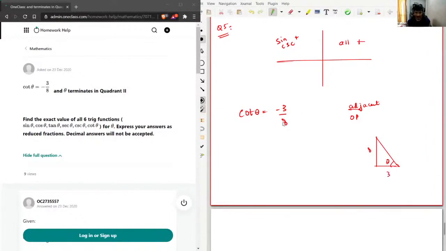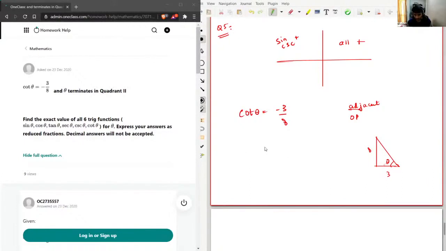I'm not writing the minus sign because length is positive, so I'll just use magnitudes here. So this is 3 and this is 8. To find the hypotenuse, we'll use the Pythagoras theorem.